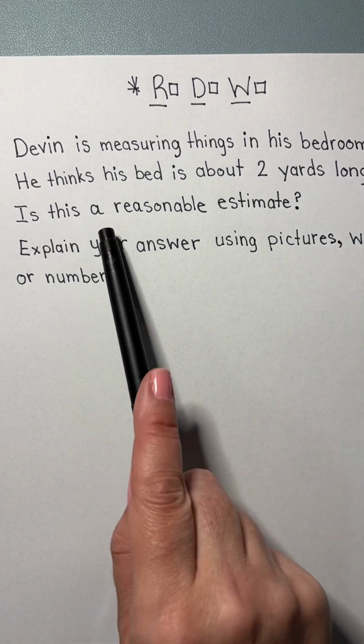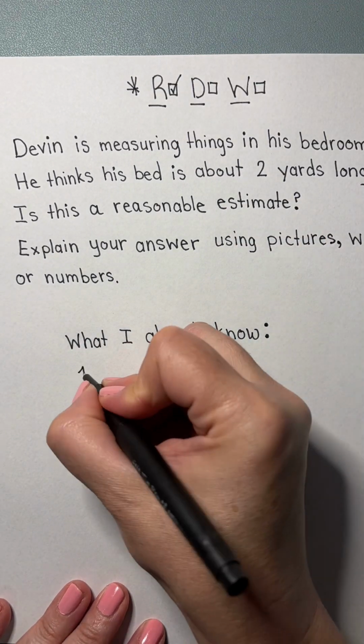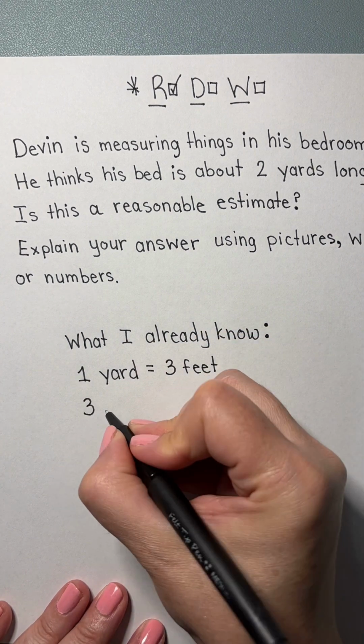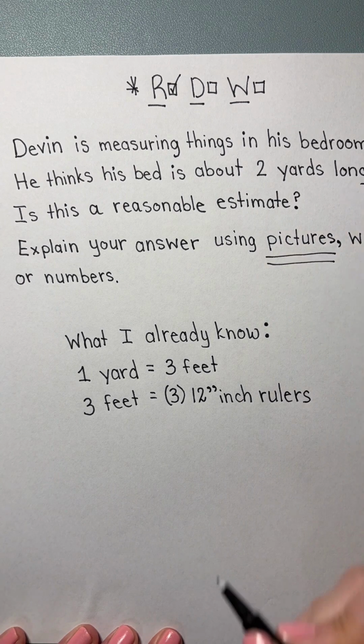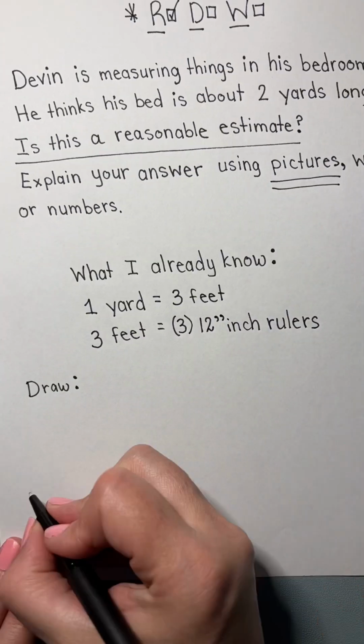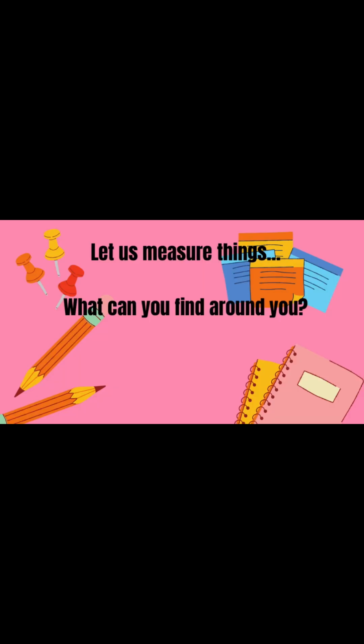We know that 1 yard is equal to 3 feet. What else are things that you already know? Just a reminder that anytime these videos might be too fast for you, you can pause them and stop.